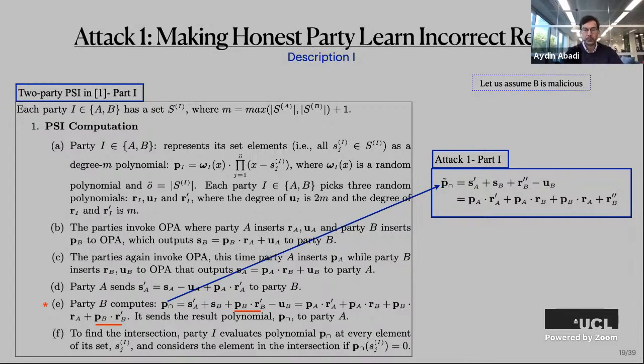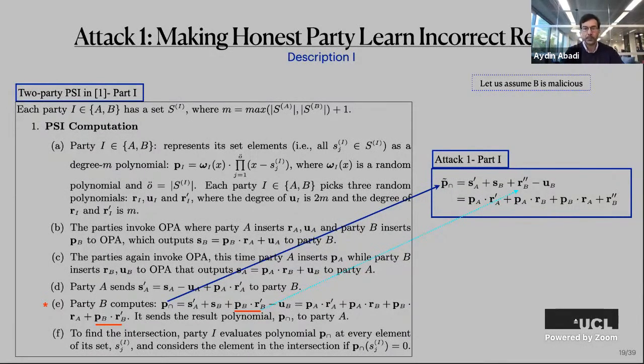That is the only thing it needs to do to affect the correctness of the result. Now, there's another phase in the protocol that checks the correctness of the results. We usually have it in any secure multi-party computation in the active adversary model, so parties want to make sure that their counterparty has done its part honestly.